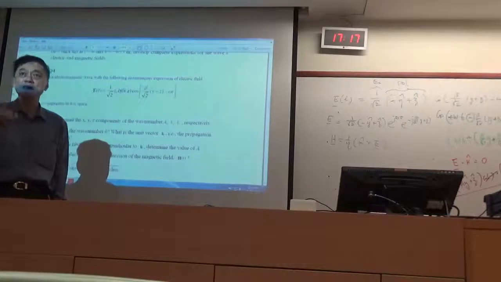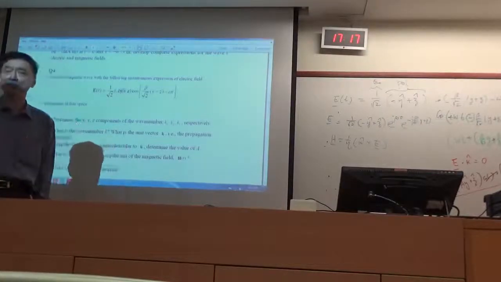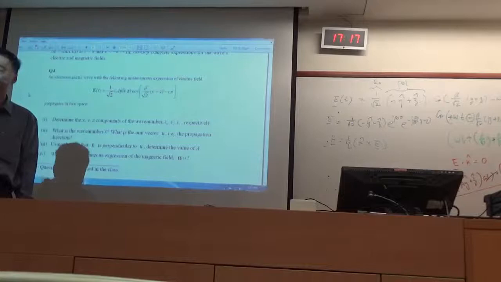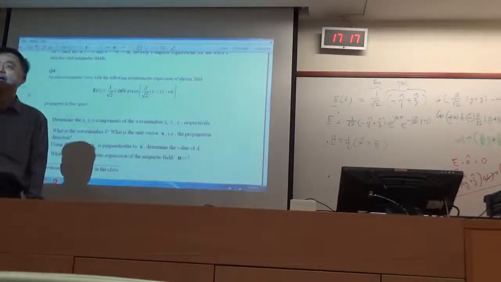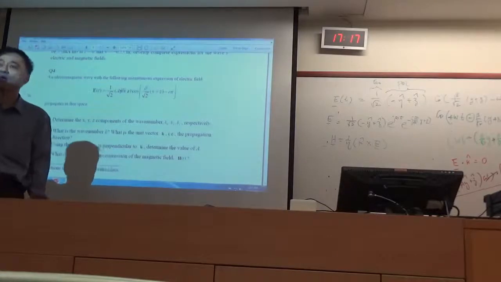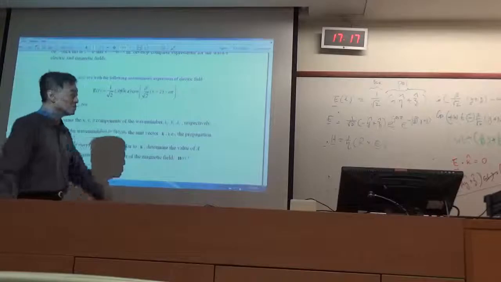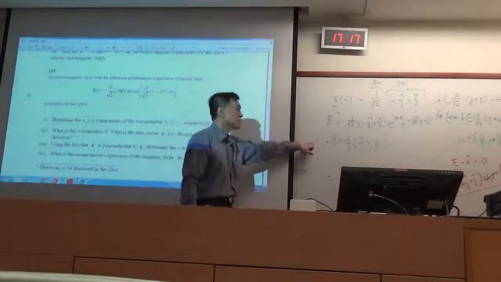So remember there are a few formulas which you always use. K is equal to omega square root of mu epsilon, equal to 2 pi over lambda, and V equals F times lambda, and also these two vector equations.